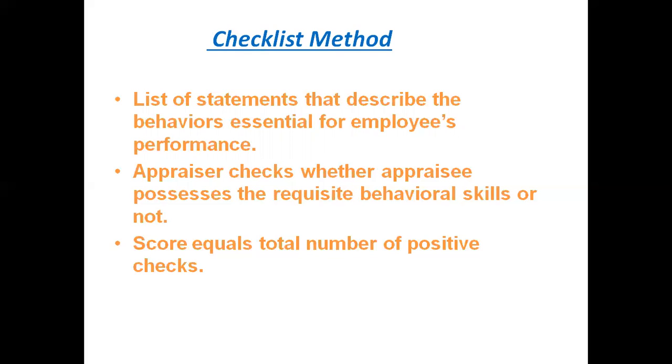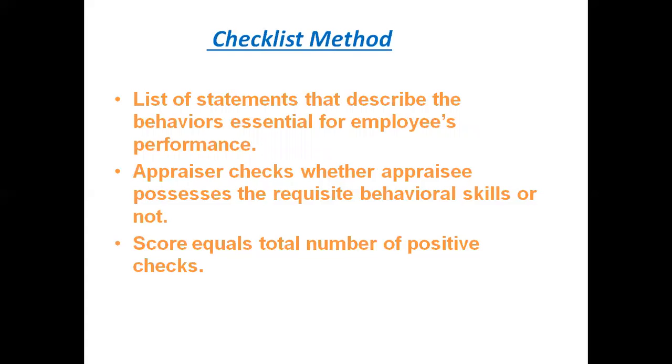He will tick on the item, otherwise he will leave that item blank. So the statements can be in the form of yes, no. The most recent variation of the checklist method is the weighted list. Under this, the value of each question may be weighted equally, or certain questions may be weighted more heavily than the others.